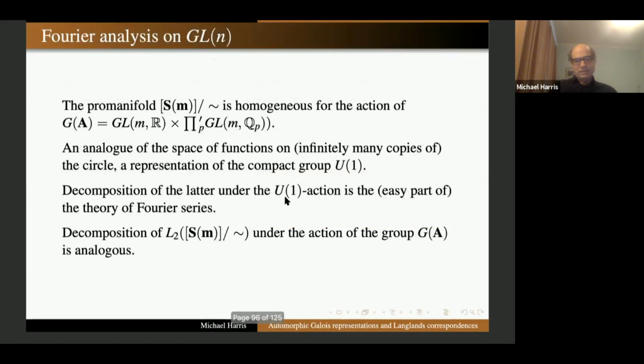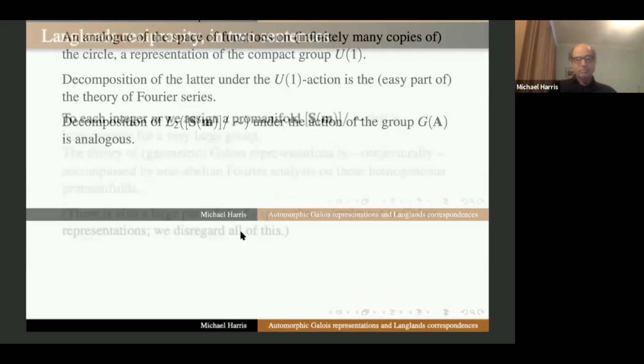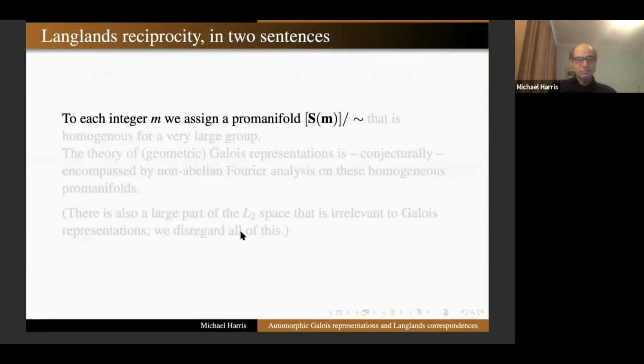And so this is a non-abelian analog of Fourier analysis. And it's not only legitimate, but perfectly respectable to study the decomposition of the L2 space of this homogeneous locally symmetric space purely analytically, without any reference to number theory. Okay, I'm just saying this.